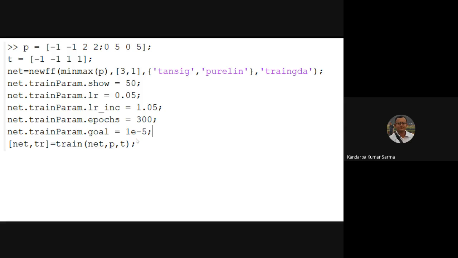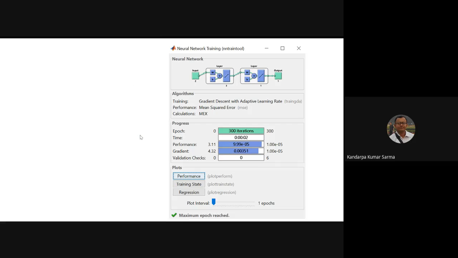Same thing again. The convergence goal is fixed at 10 to the power minus 5. While we carry out the training, we will find a network structure of this type will be generated. It shows the layers. The front end layers shall be there. The middle layer is here. This 2 will mean a two row vector coming. So here there is a three neuron middle layer and one neuron output layer. This is based on the train GDA function.